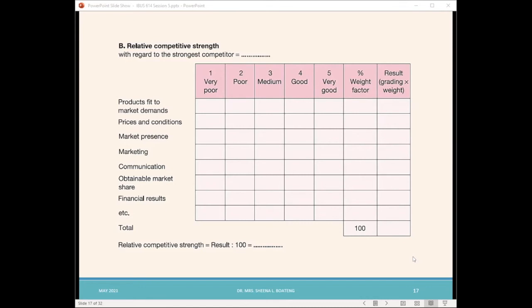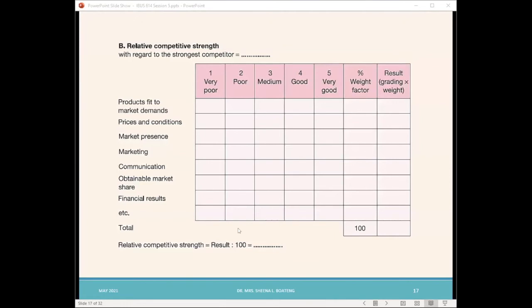This is the time to be honest with yourself as an organization and know what you can and cannot do, what you have and what you do not have, and how to eat humble pie when it comes to some of these criteria and how you measure up against the competition. So in as much as it is very objective, the firms have to also be sincere in terms of how they go about ranking themselves using the various criteria.